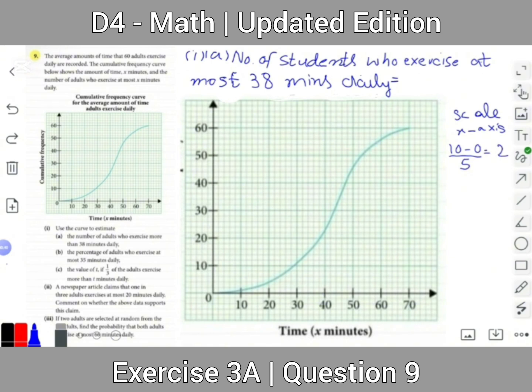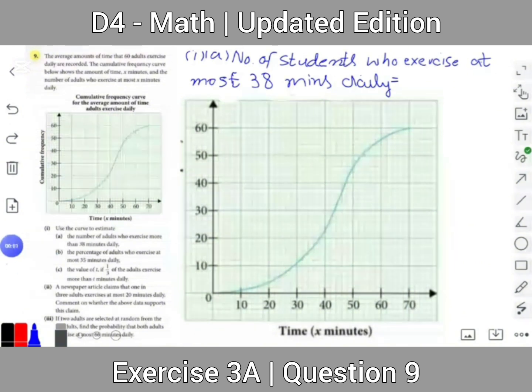Each square unit along the x-axis is equal to 2. Now the scale along the y-axis. We subtract 0 from 10 and divide it by the total number of squares between 0 and 10, that is 5. So 10 divided by 5 gives us 2. Each square unit along the y-axis is equal to 2.